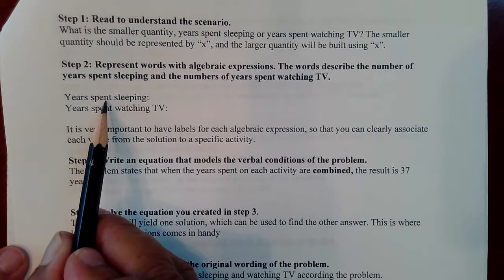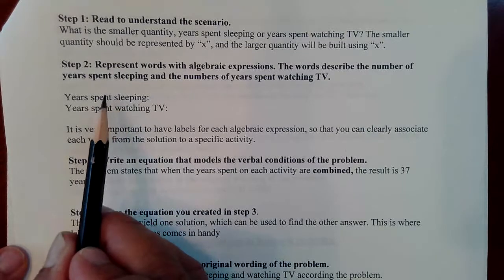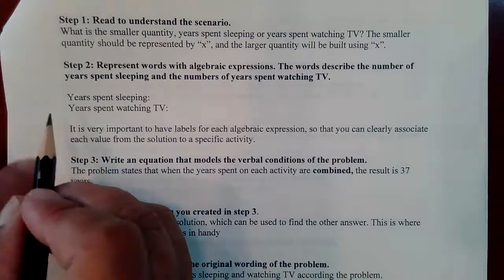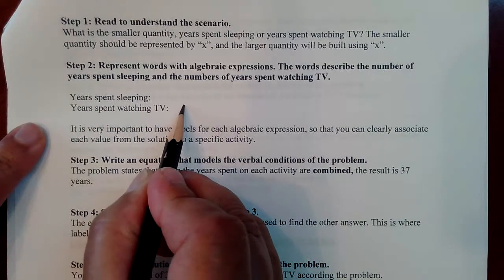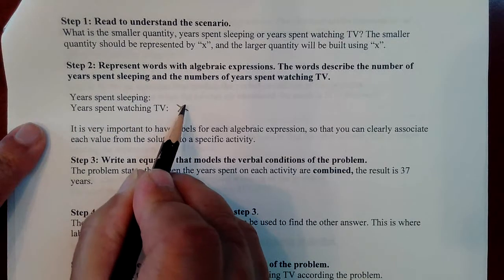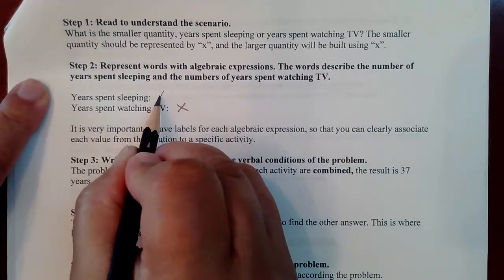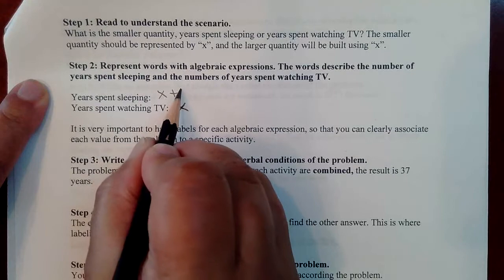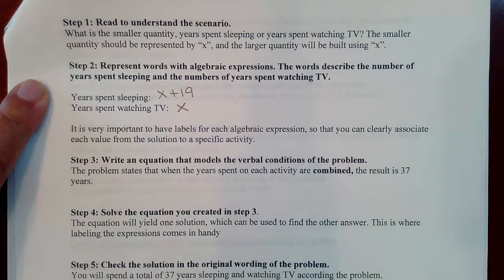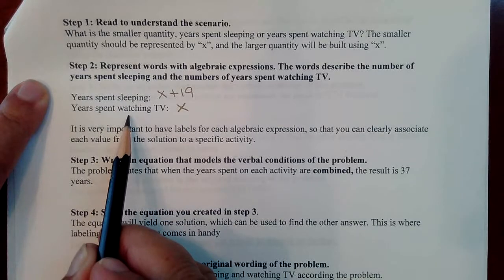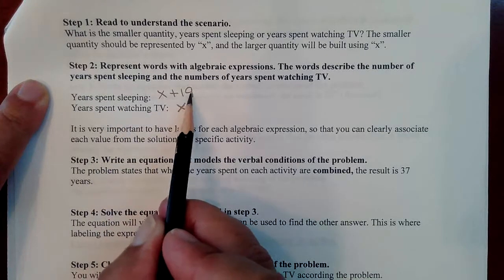That's why they used the word exceed when they described it, than you are watching TV. So this is the smaller amount of years spent on watching TV. You are spending 19 more years, and it said it in this way. It said number of years spent sleeping exceeds the number of years watching TV by 19.